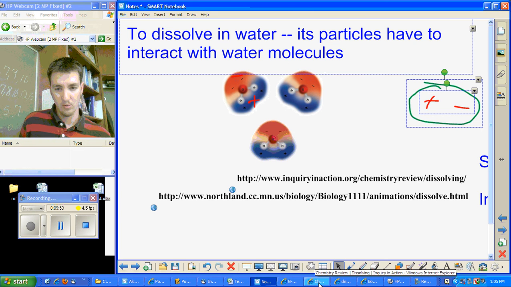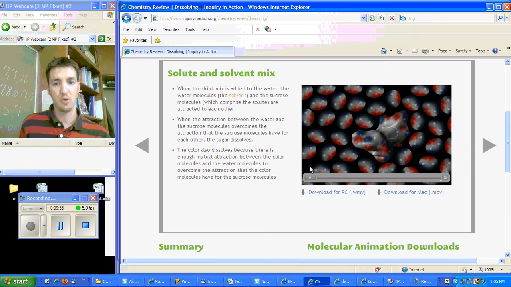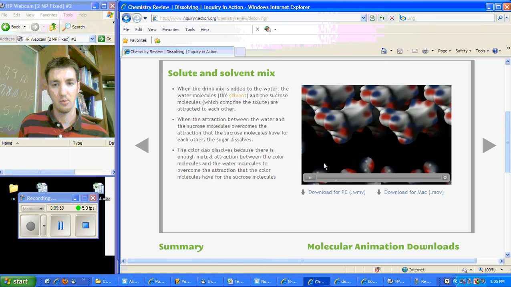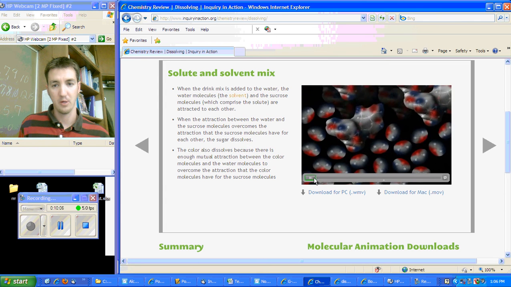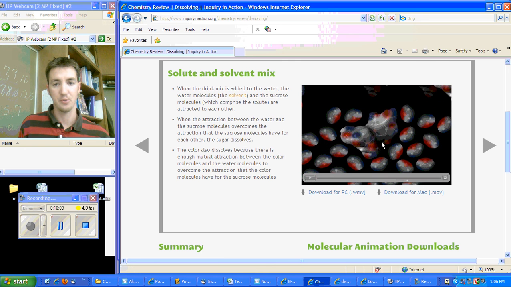So we can see some examples of this. This is a sugar molecule. All the sugar molecules in regular solid sugar are just clumped up together. As water comes up, it's able to break apart the sugar because the sugar has all these positive and negative areas on it that the water is able to interact with.